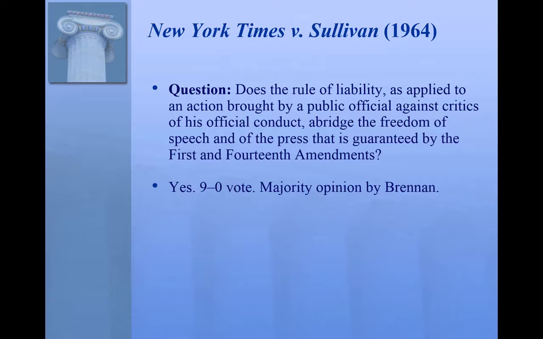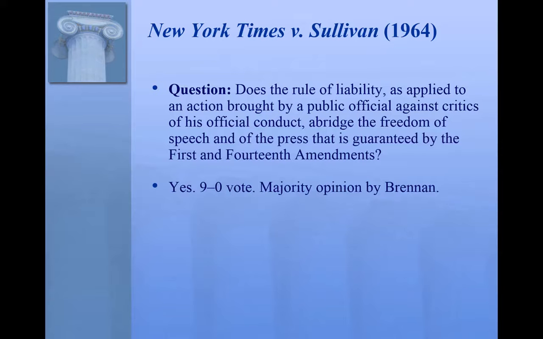Now, the New York Times had argued that the strict rule of liability, which had applied across the board in the United States up until that time, in and of itself violates the freedom of the press. The newspaper argued, "It is implicit in this court's decisions that speech which is critical of governmental action may not be repressed upon the ground that it diminishes the reputation of those officers whose conduct it deplores."